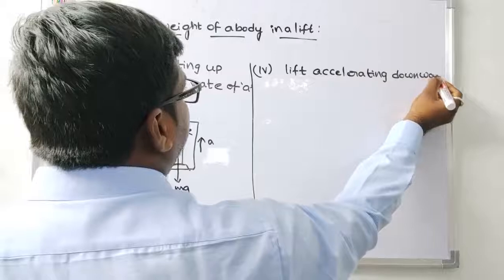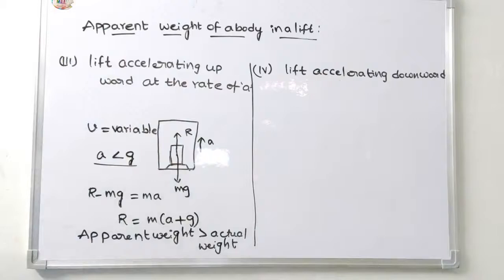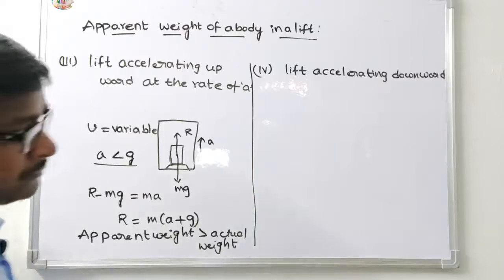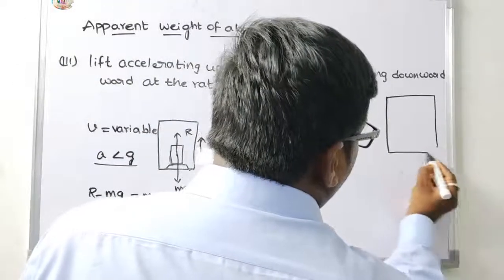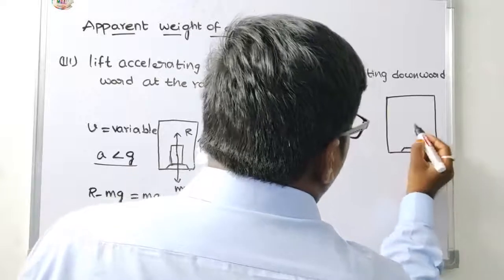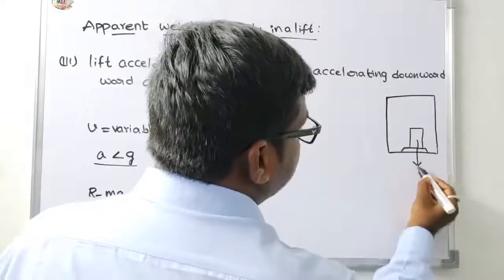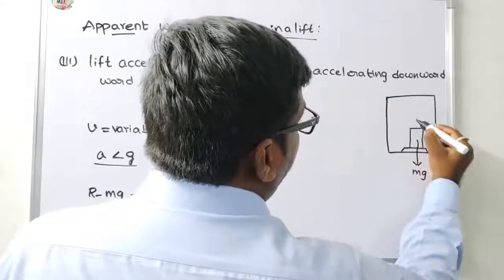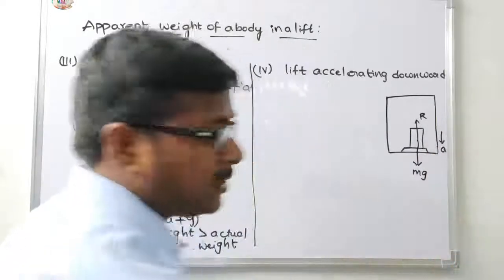In this condition, a block is placed on the weighing machine, mg is acting in the downward direction, the reaction force is acting in the upward direction, and the acceleration is acting in the downward direction.